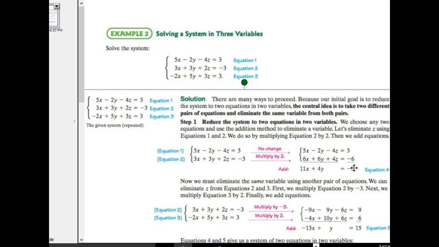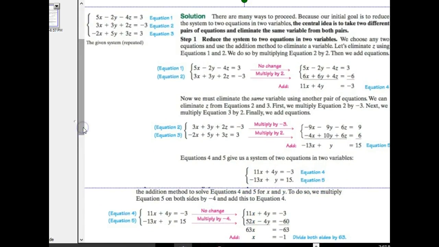Now, we proceed on by taking the second two equations together, the 3x plus 3y plus 2z equals negative 3, and the negative 2x plus 5y plus 3z equals 3. In this one, we're going to get the 2z and the 3z to be opposites of each other. If I multiply the top one by negative 3 and the bottom one by 2, one's going to become negative 6z, the other one's going to become positive 6z.